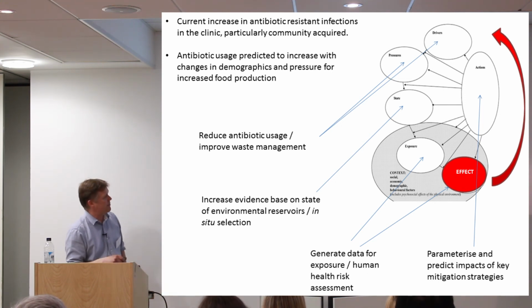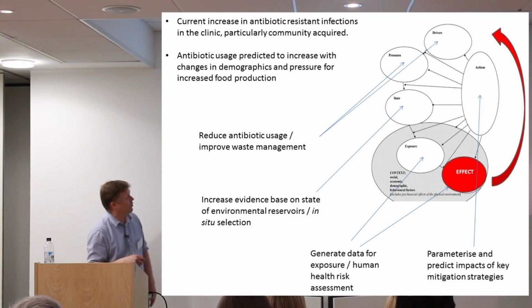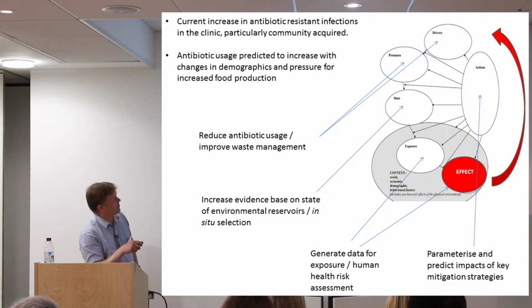And we need to generate more data on exposure and the risk of colonisation and infection, which is the effect. And unusually, when you look at all of these conceptual models that can be applied to smoking or to obesity, antibiotic resistance is unique in that the effect is infection. So what do you do? You use more antibiotics, which provides this feedback loop to the drivers.